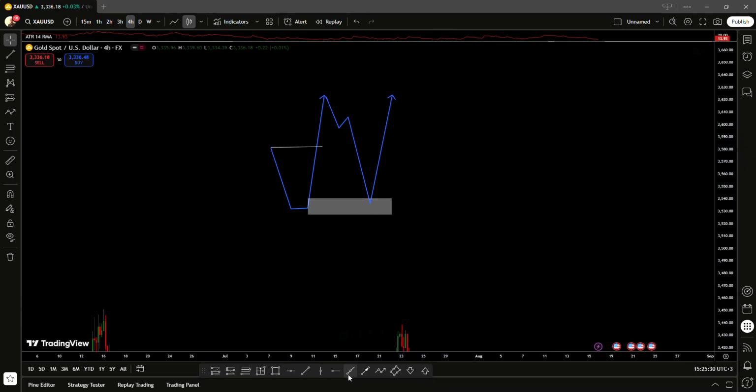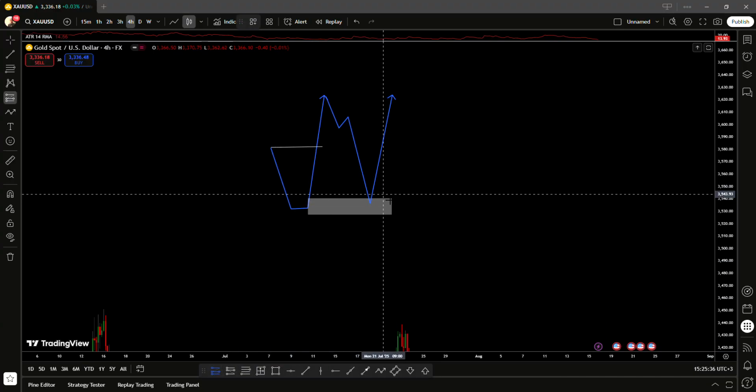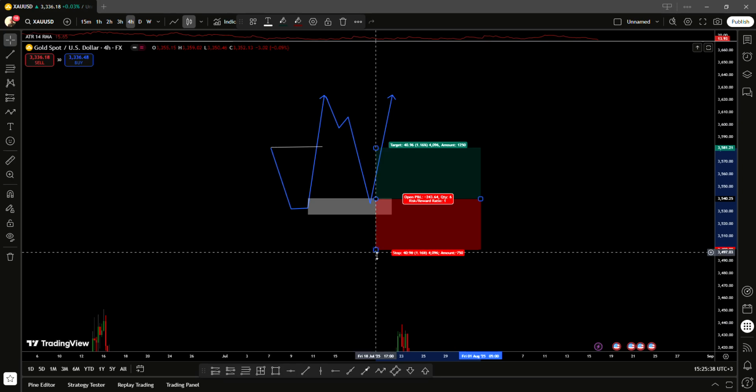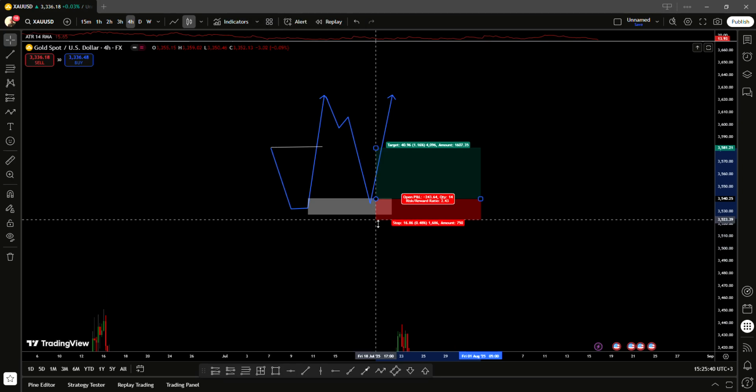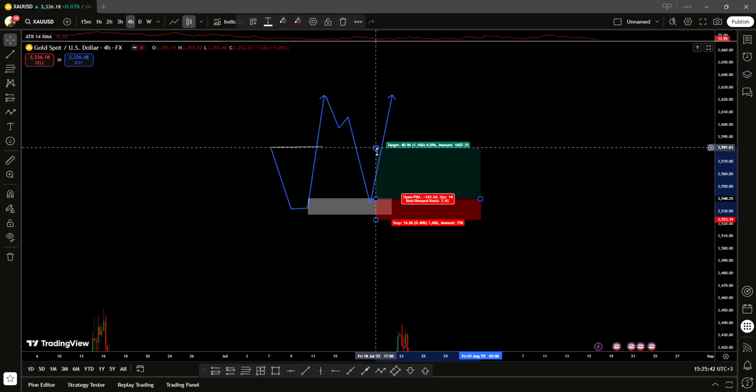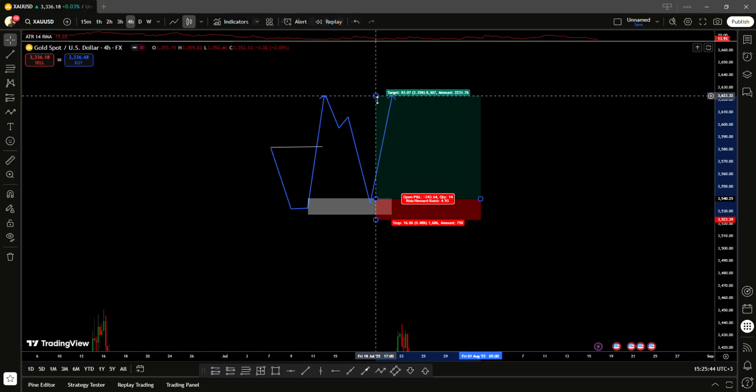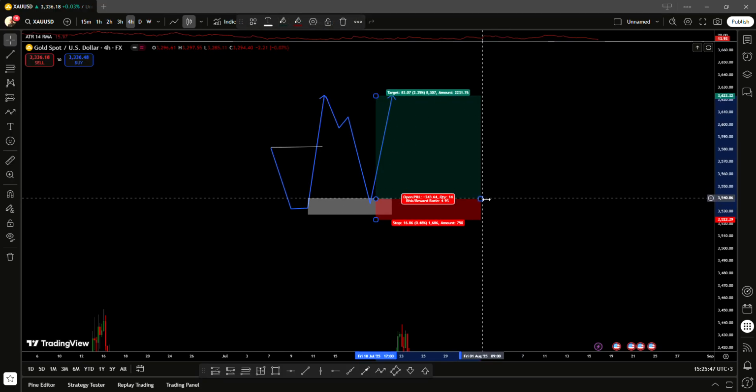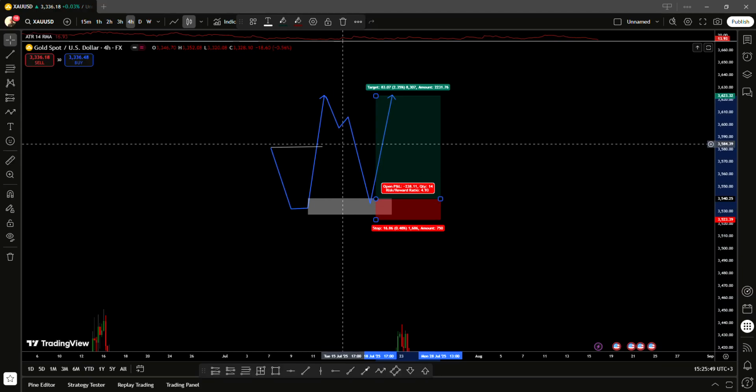It is going to be as simple as that, and our entry mode is going to be like this. Put your entries here, your stop losses below, buy entries, and then target the previous high. So the risk reward is going to be according to the previous high.